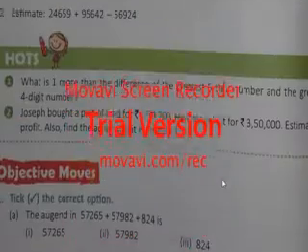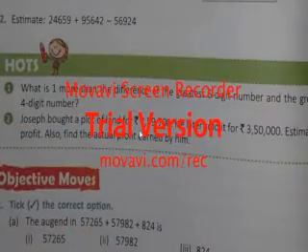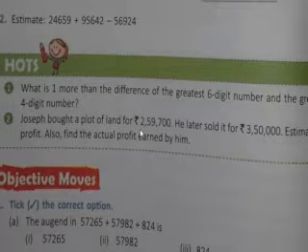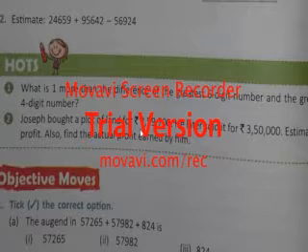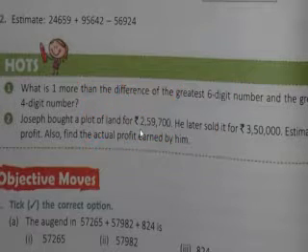And last time also during online class I had explained what profit means. Profit means selling price minus cost price, and here also you have to estimate the profit. So for estimating profit you will estimate the cost price and selling price also, although it has not been said here to estimate that, but estimation we will be doing in cost price also and selling price also.